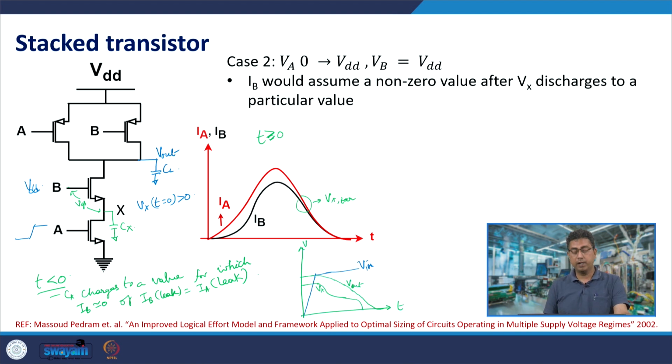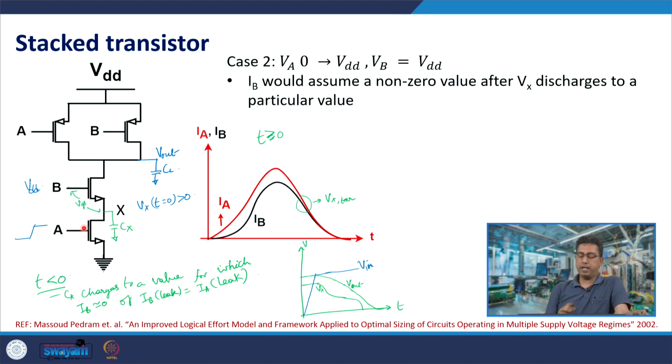So, initially what we would observe for lower transistor switching is that it is the intermediate node X which is discharged through IA, and later IB also starts assuming an important value, and then it is the output node which is discharged.